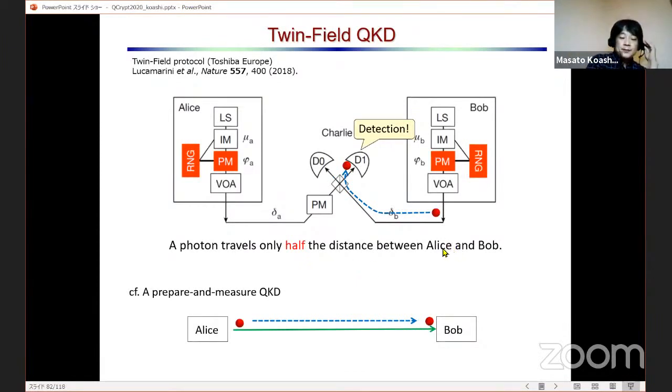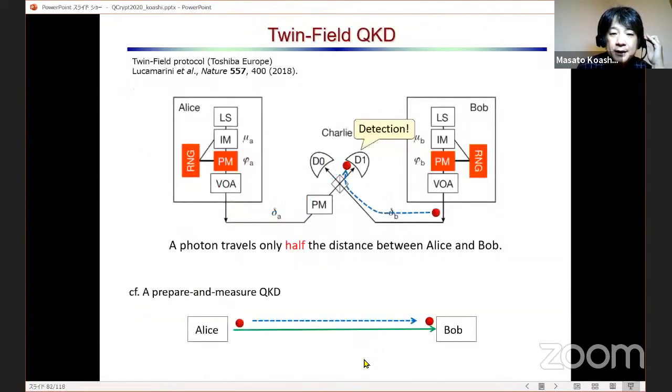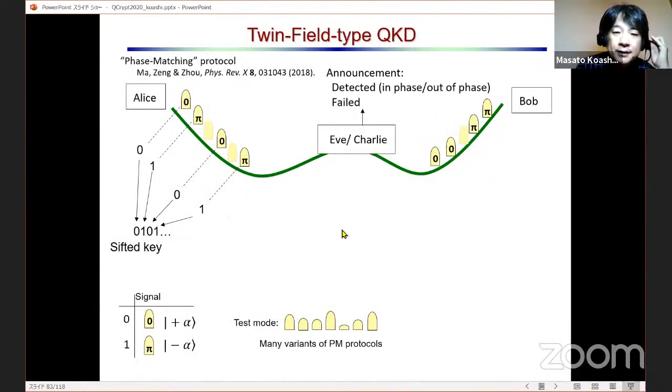This is the reason this protocol achieves long distance. Today I want to talk about the security proof of this twin field type QKD. Since I'm talking about binary signals, I want to pick the variant called the phase matching protocol.